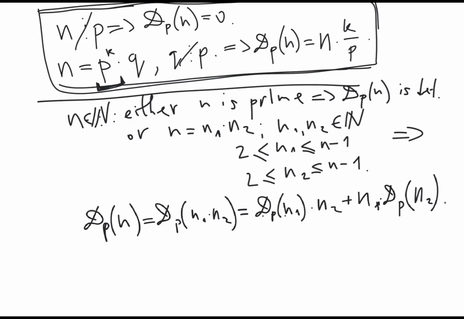This is a recurrent relation, so we reduced the definition to the definition of d_p for smaller numbers.